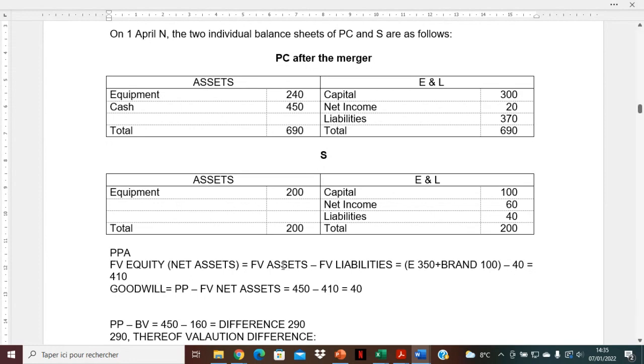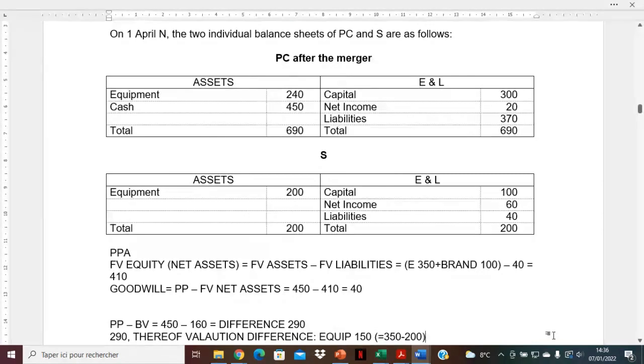Well, I have a valuation difference in equipment. The book value of equipment is 200, but the fair value of equipment is 350. So my valuation difference related to equipment is 150, the difference between the fair value and the book value.